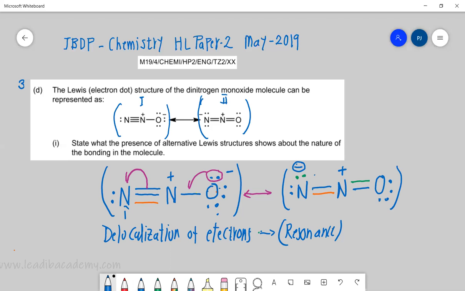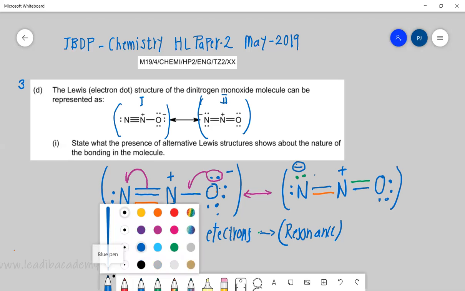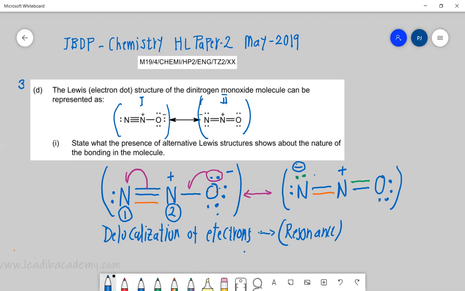This is number 1 nitrogen, this is second number nitrogen, and oxygen is as it is. Now if we have been asked what is the exact bond between 2 nitrogens, is it a triple bond or is it a double bond? And the answer is none of them. So it just keeps on moving. Okay, that's the concept. So while drawing the structure, we will draw like this.